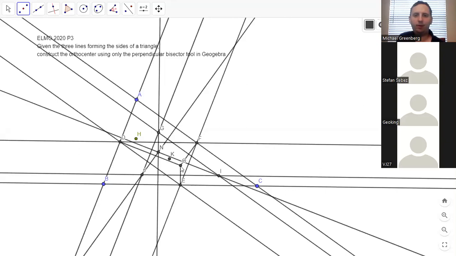I wonder if there's some part of this where we choose an arbitrary point. What if we take the perpendicular bisector of AE?